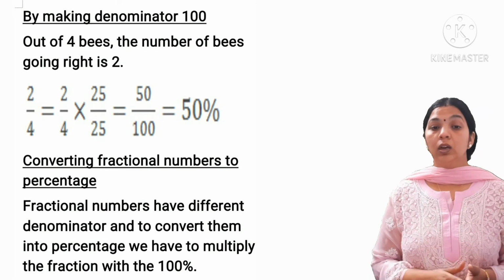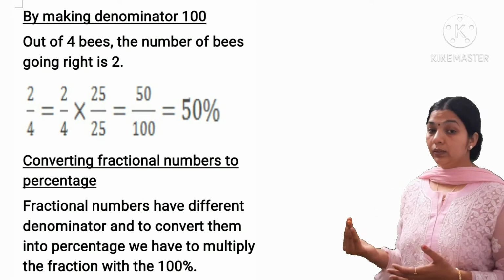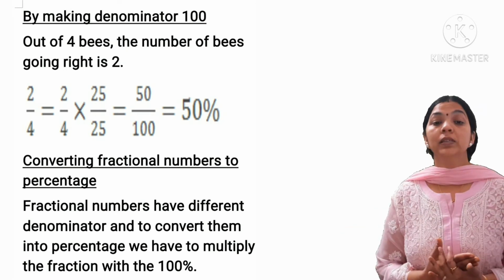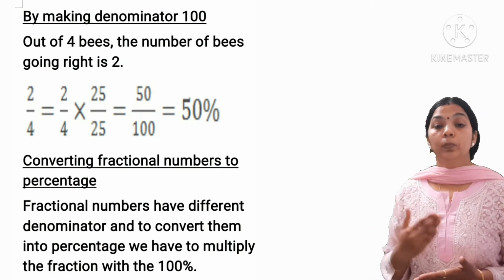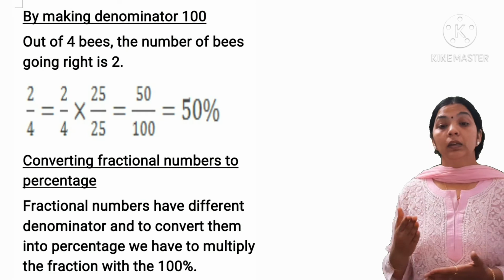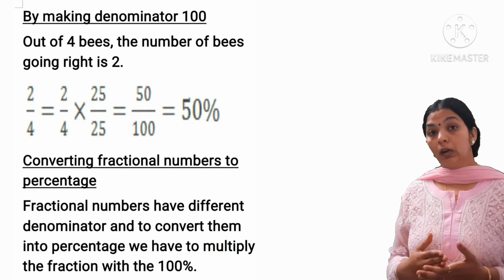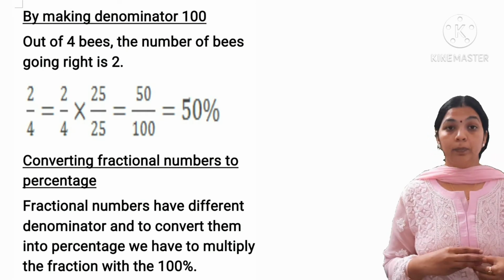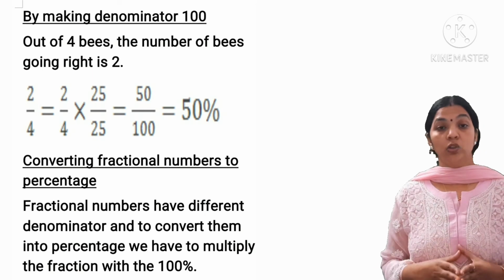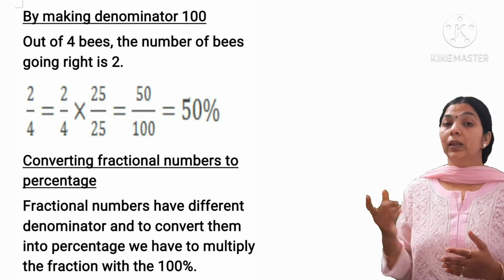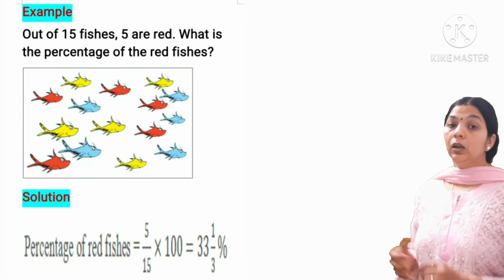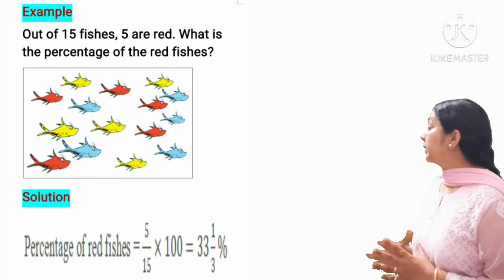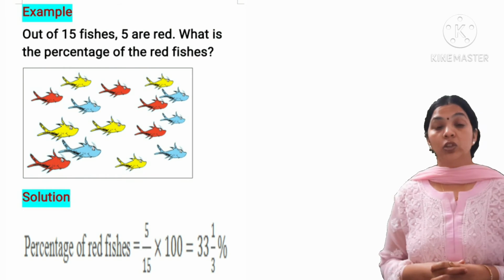Converting the fractional number to a percentage. Now how to convert any fraction to a percentage? Fractional numbers have different denominators, and to convert them into a percentage, we have to multiply the fraction by 100. Whenever we have to find the percentage of any fraction, we will directly multiply that fraction by 100. Now, see this example: out of 15 fishes, 5 are red.